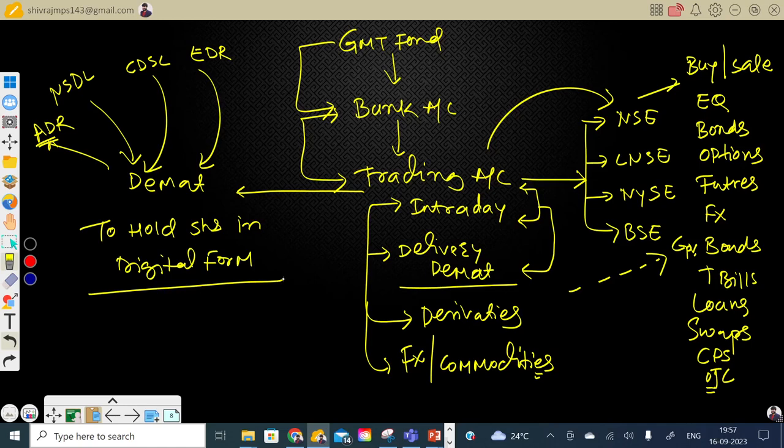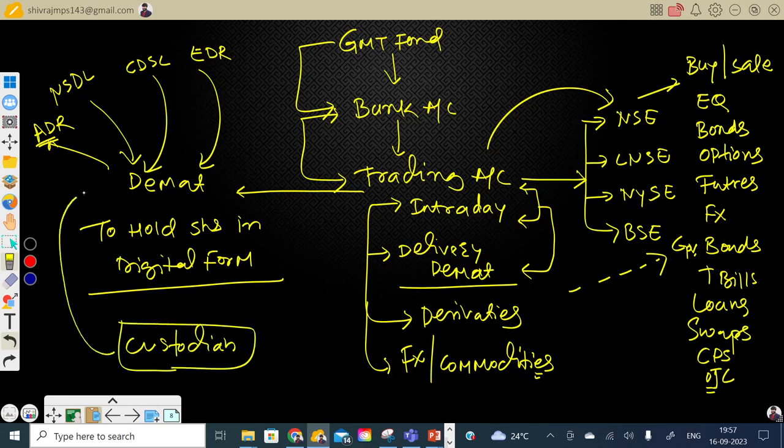And the important one is, when you open a demat account, you need a custodian who provides protection to the demat account where you hold the securities. So custodian will provide protection to the securities.